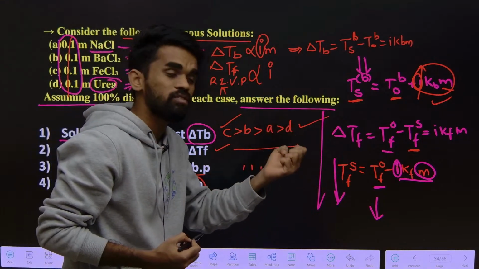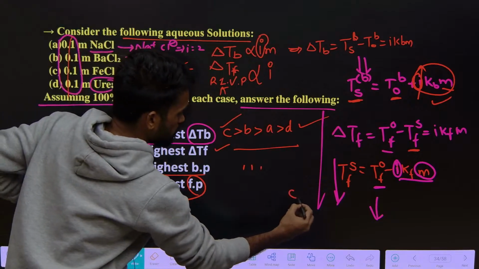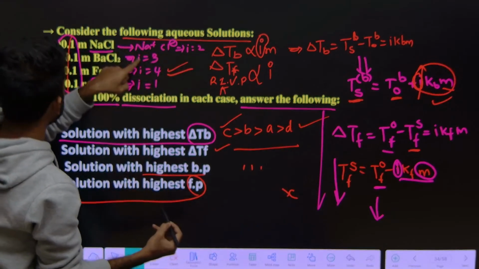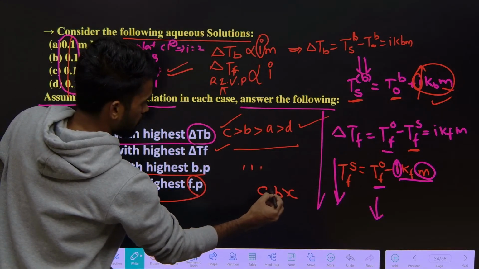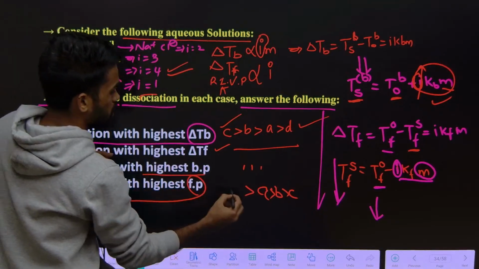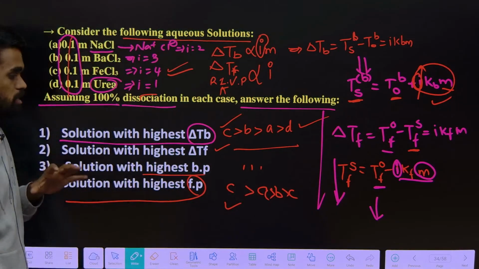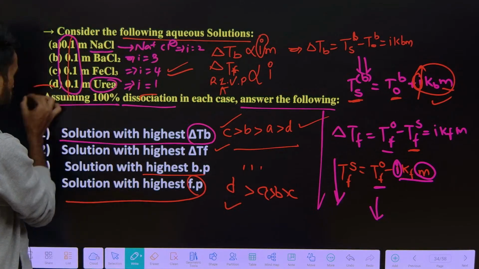So freezing point will be least for this option C. After that i value is more for B, you can write it like this, and the next A, and the least i value is for urea, it means it will have the highest freezing point. This one, D. Highest freezing point is for which one? For option D.